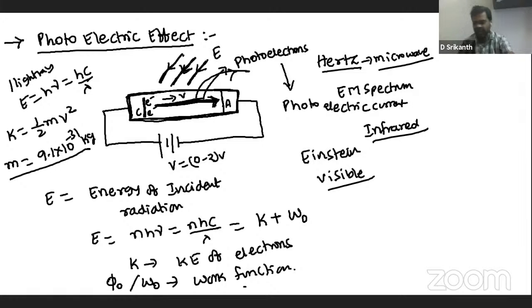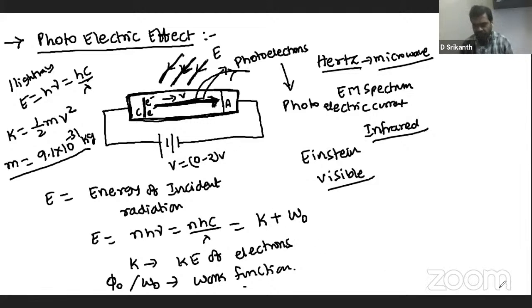Now, according to the definition of work function, it says minimum work required by the metallic surface to escape the electrons from the metallic surface. So, work required to escape the electrons.